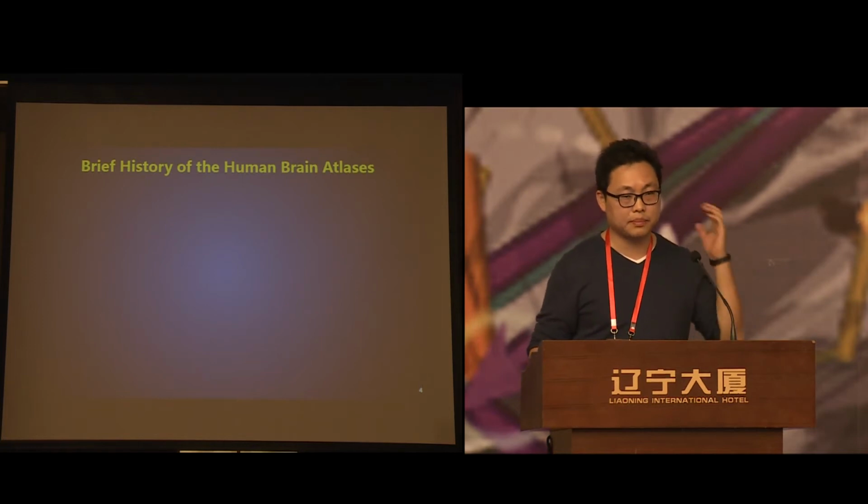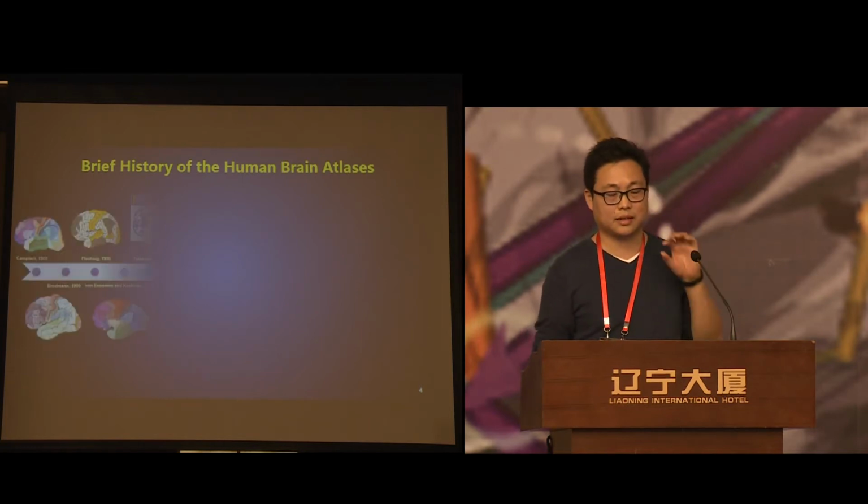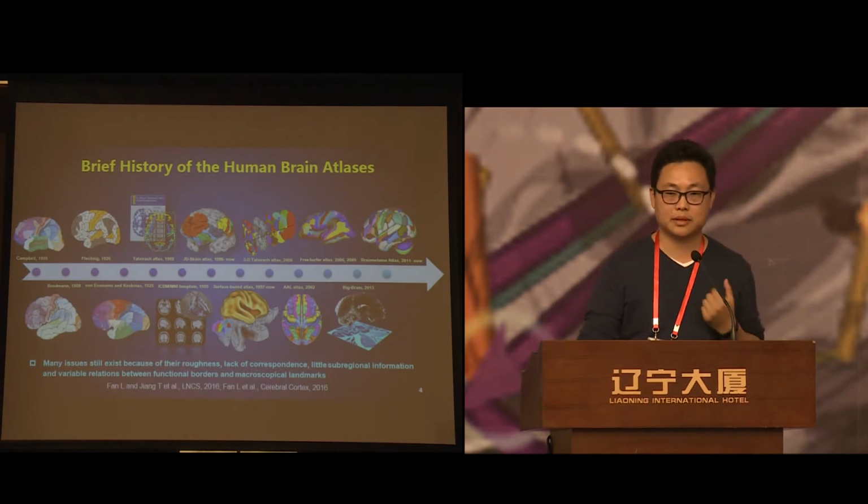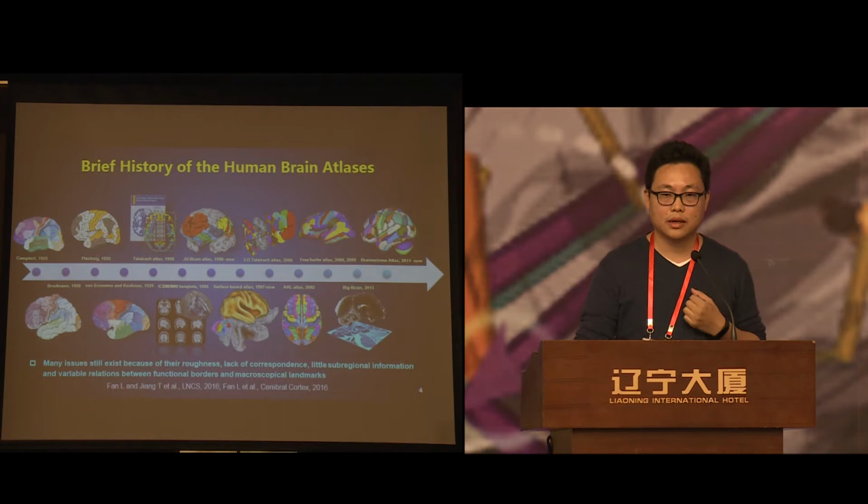So from that atlas, there existed a lot of atlases. Most of the early atlases are based on histology ways, including different criteria, like cytoarchitecture, myeloarchitecture, chemical architecture. Also, recently they are using receptor distribution in the different layers in the brain to identify the boundaries of the different brain regions. With the development of neuroimaging, especially MRI, we can get in vivo data, including the structure.